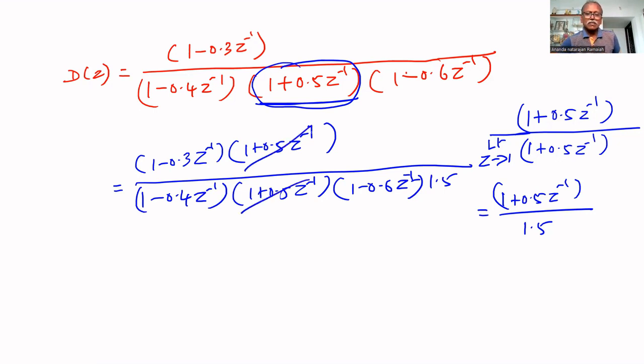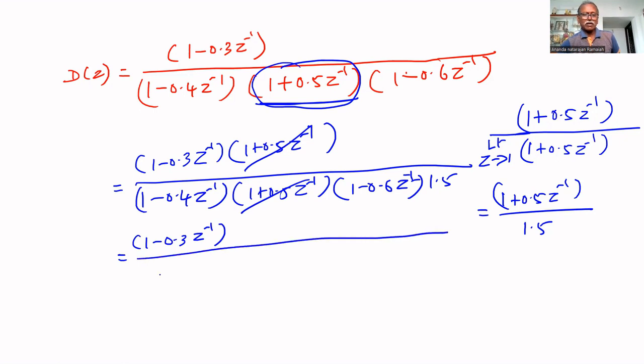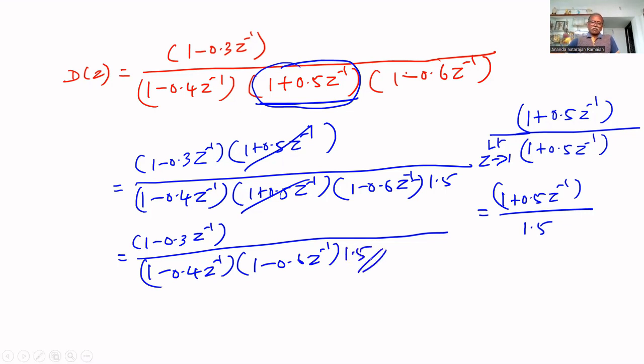Therefore, we will get 1 minus 0.3 z power minus 1 whole divided by 1 minus 0.4 z power minus 1, 1 minus 0.6 z power minus 1, multiplied by 1.5. That is D of z.